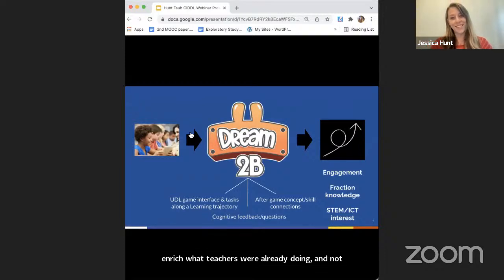So to put it simply, our theory of change basically says that if we have students and their teachers using Dream to Be, which game-wise has the core components that you see listed on the screen, for a number of weeks, that we'll see significant increases in their engagement, in fraction knowledge, as well as STEM interest.